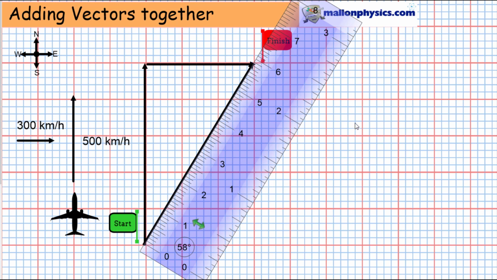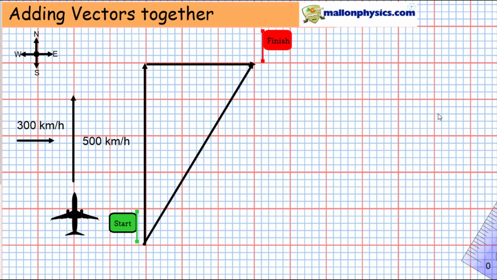And I can see that the length of it is 5.5, 6, 7, 8, about 5.8 centimetres. Now that 5.8 centimetres will in fact result in a vector having a magnitude of 580 kilometers per hour. So it's going to be 580 kilometers per hour is going to be its magnitude.